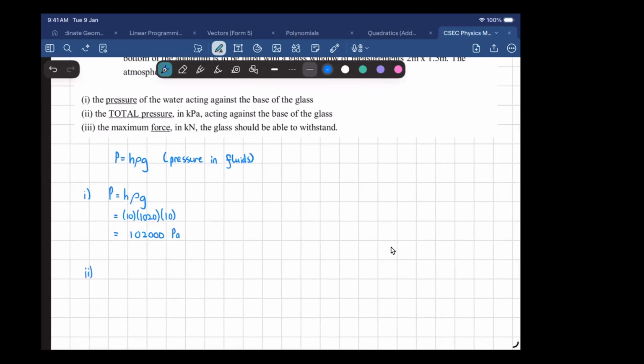The total pressure will be atmospheric pressure and the pressure you got from the water combined. So added. So that'll be equal to 102,000 plus 101,000, because it's kilo, and kilo means 1,000.